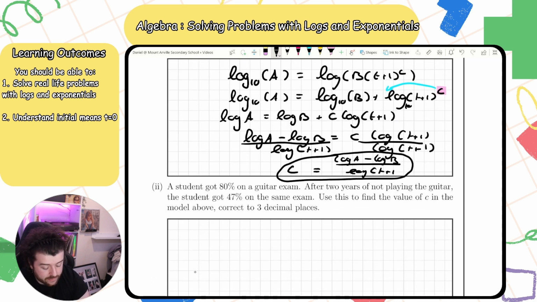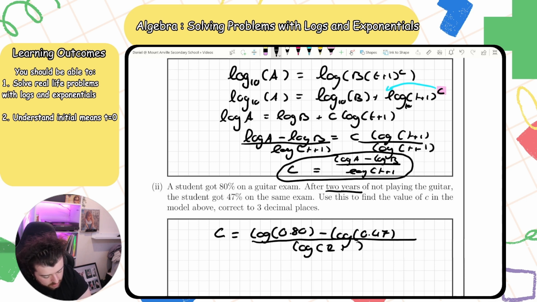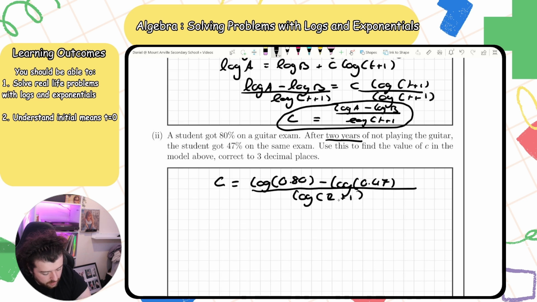So I have c is equal to log A. What's his initial? Well, it was 80%, so 0.8, minus log B, which is now 0.47, because B is just how proficient you are after that amount of time, and then all over log (t plus 1). After 2 years, it would be 2 plus 1, so that would be log 3.